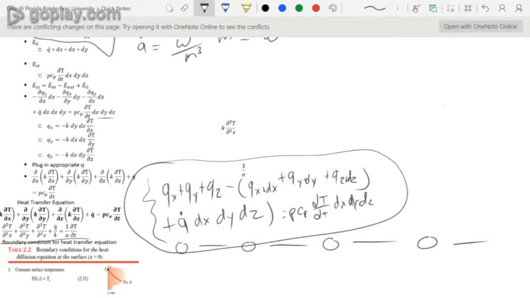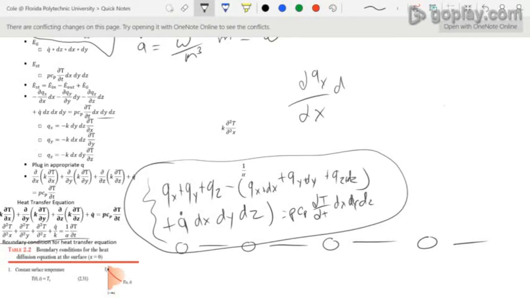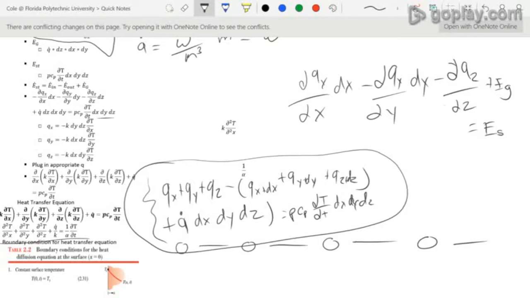And so when you simplify it, you're going to get this partial heat transfer in the X, minus the partial Q of Y, minus the partial of the heat transfer in the Z with respect to the Z, plus the energy generated, which is given by the Q dot times the differential control volume, which is equal to the energy stored.